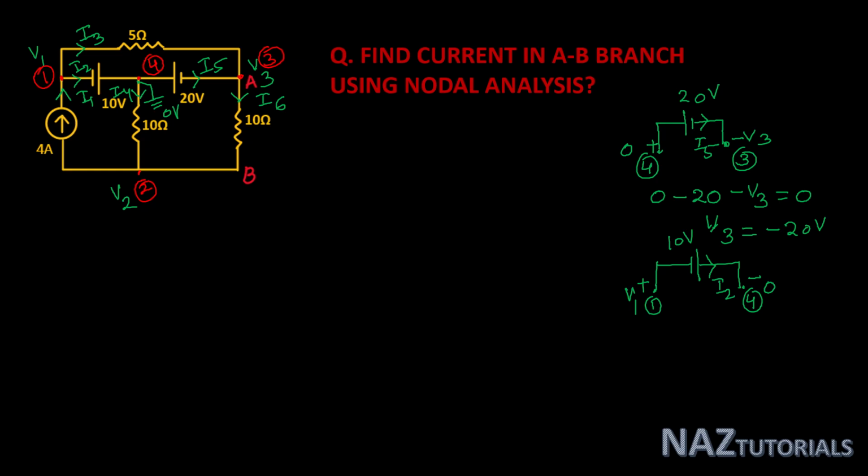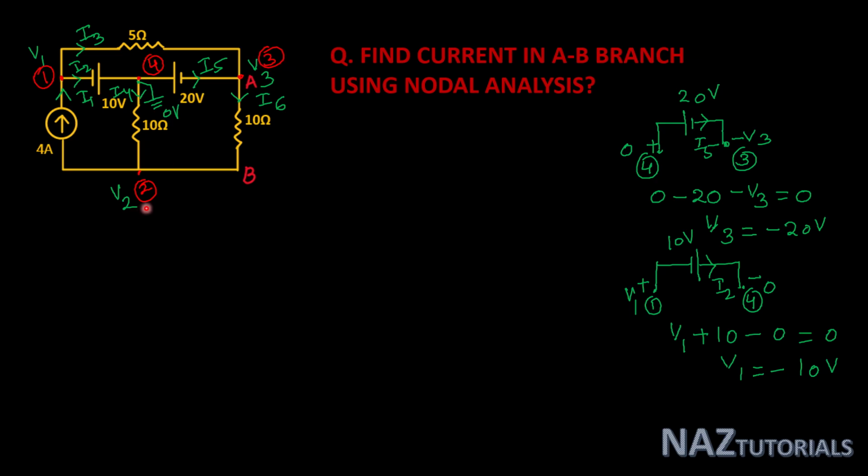So we can write the equation from 1 to 4: V1 plus 10 minus 0 is equal to 0, that is V1 is equal to minus 10 volt. So all three node voltages are defined: V1 is minus 10 volt, V4 is 0 volt, and V3 is minus 20 volt.